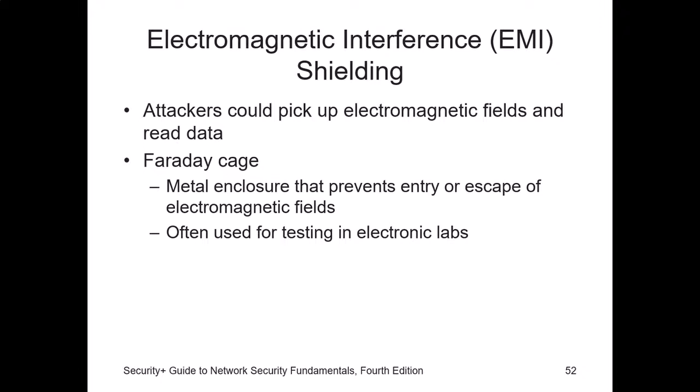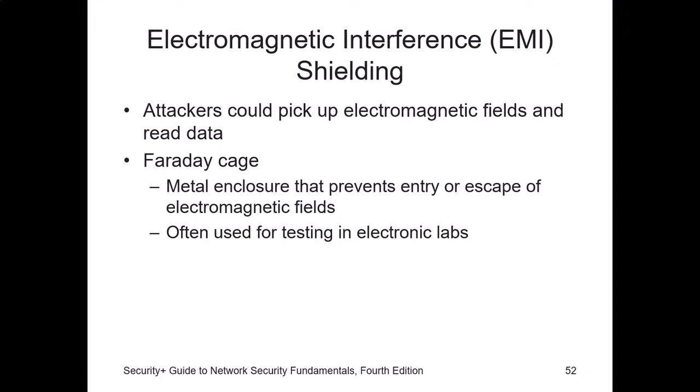a Faraday cage is a metal enclosure that prevents the entry or escape of electromagnetic fields. So if you're surrounded by metal, electromagnetic waves will have a very hard time going in and out of that room. So that's what a Faraday cage is.